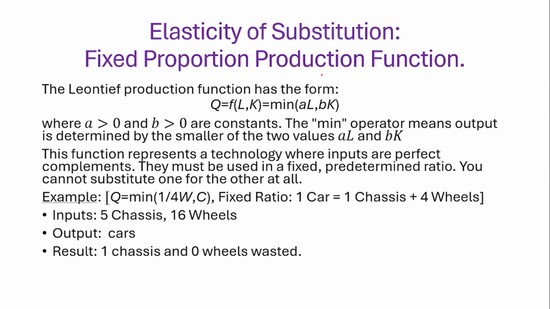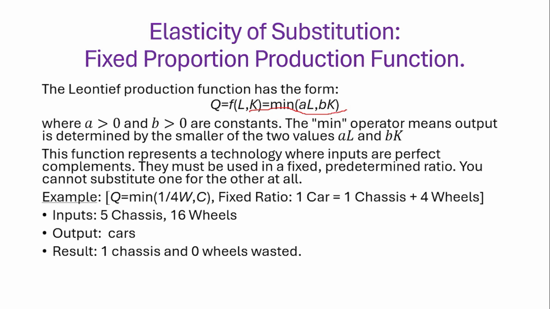Okay, now for the fixed proportion or Leontief production function. As we know, the Leontief production function is the minimum of AL and BK. This is the general form, and why do we use minimum?